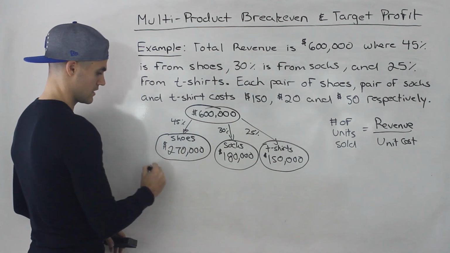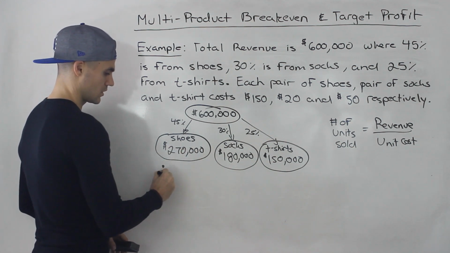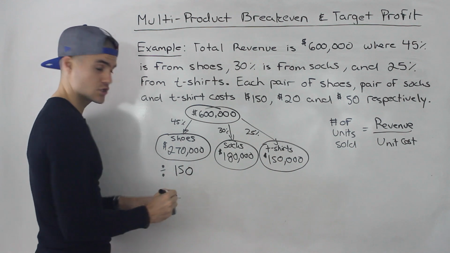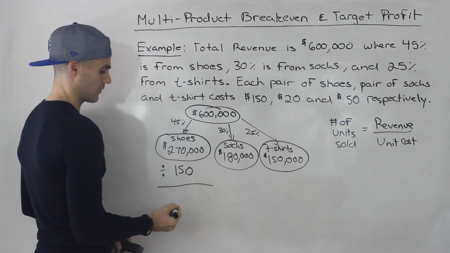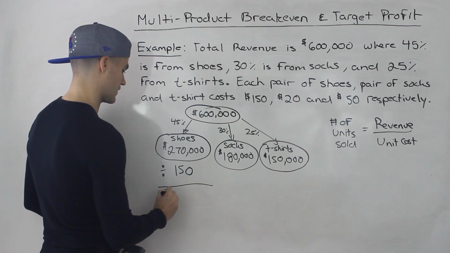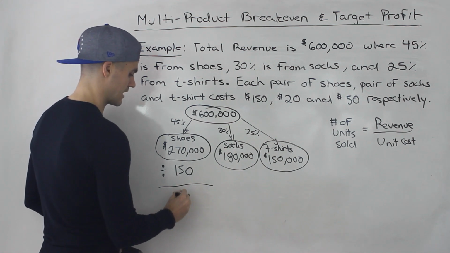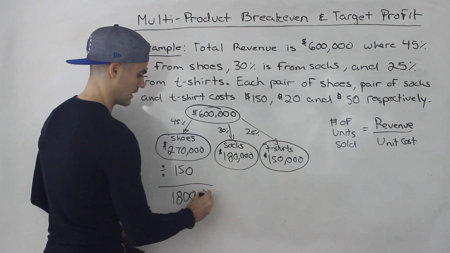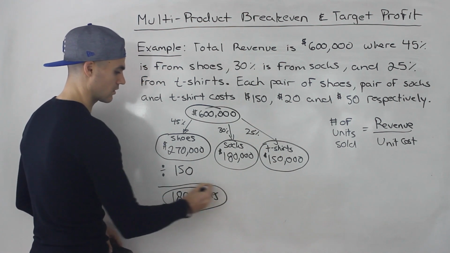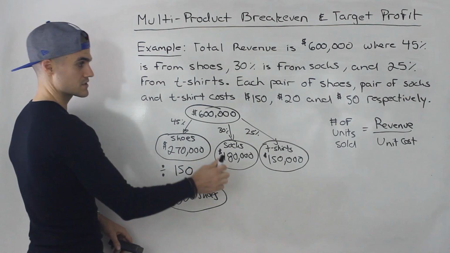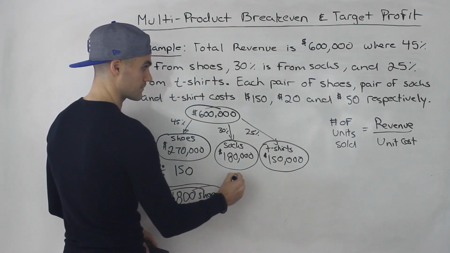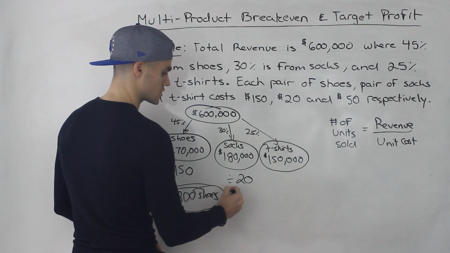So we could take these shoes, we could divide them by how much each shoe costs. So 270,000 divided by 150, that would give us 1,800 shoes. And notice that this number we get here, that's the number of units. And then here the socks, they cost $20 each.